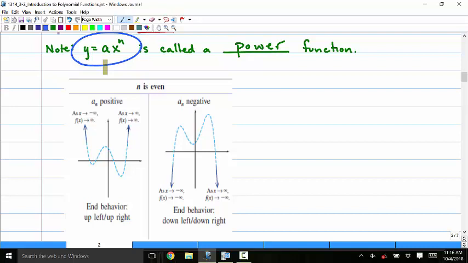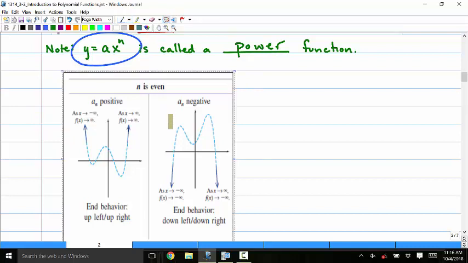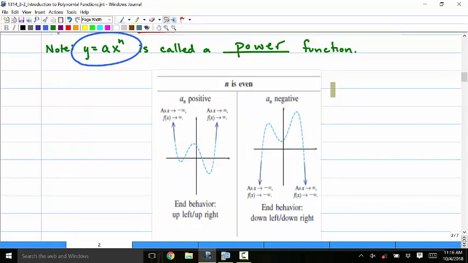If n is even, like an x squared, and your a is positive, the end behavior is going to be up, up. Why? Let's go look at this one. I'm going to scoot it over in the middle. Y equals, let's say, 3x squared. Do you see that n is even?